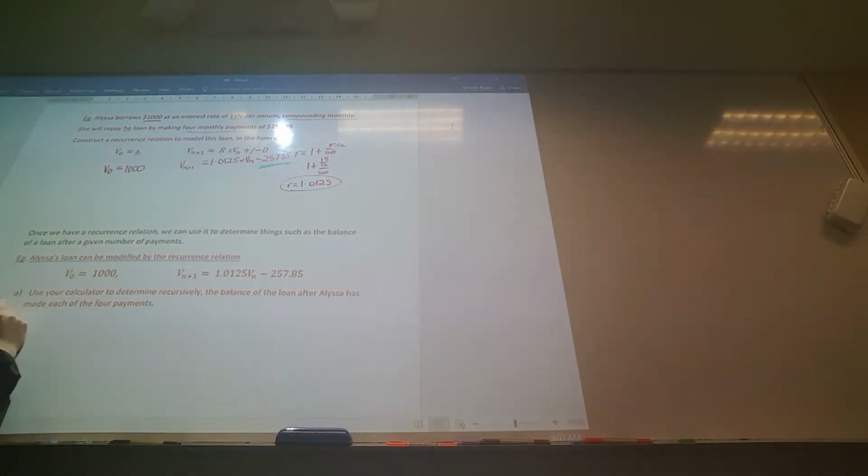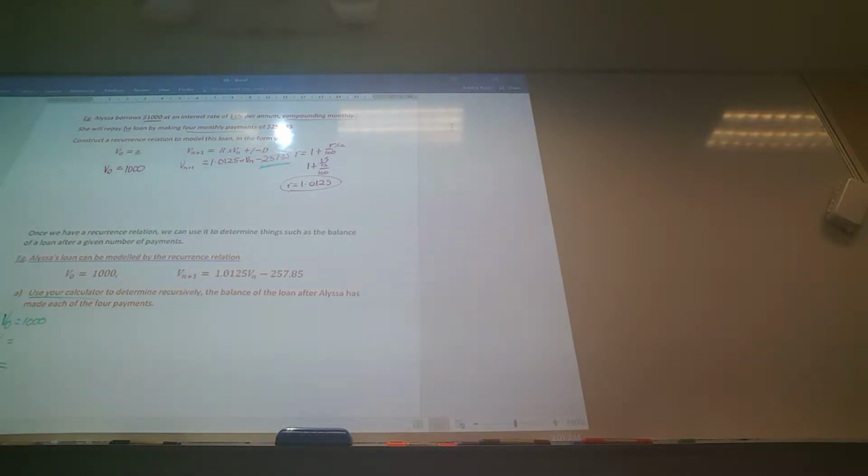So we're starting with our V0 is 1,000. To get our V1, it says to use your calculator, so you don't have to show all your writing, but you do need to show what V1, V2, V3 and V4 equal. Does that make sense?